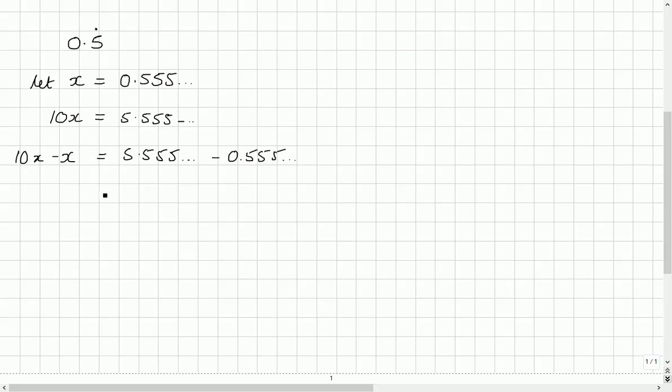And we can see that that would be 5, because this 0.5 recurring here is what we've got here after the decimal point. So this is going to get rid of all of those numbers after the decimal point there. So we've got 10x take away x, which we know is 9x. And now we've just about got this cracked, because x is obviously 5/9.